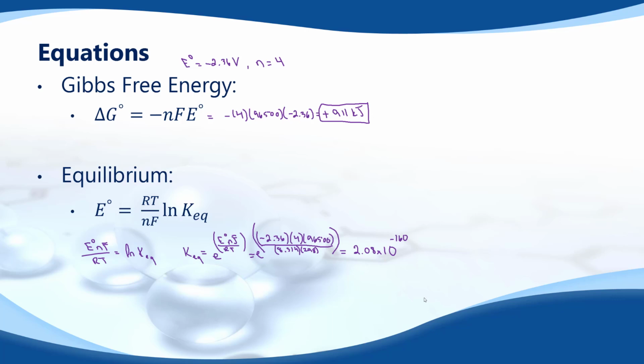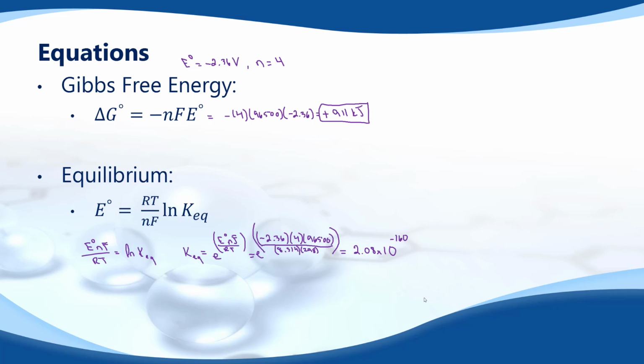So it's not out of the realm of possibility for you to have spontaneous reactions give you a K value somewhere in the range of 10 to the 80th. Right, so don't freak out when you see that. These numbers are correct. Right, so that's how we can relate electric cell potential to free energy and equilibrium.